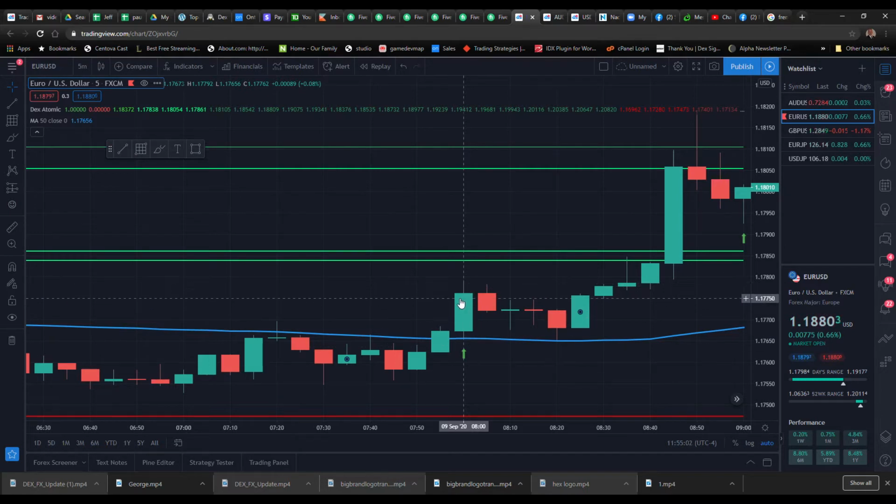The wicks mean this is how far the price came at one particular time. If a candle closes higher than it opens, it's a bull bar. It's a bull candle, which means that it increased in value. If it closes lower than it opened, it's a bear bar, depicted in the fuchsia-looking color right here.